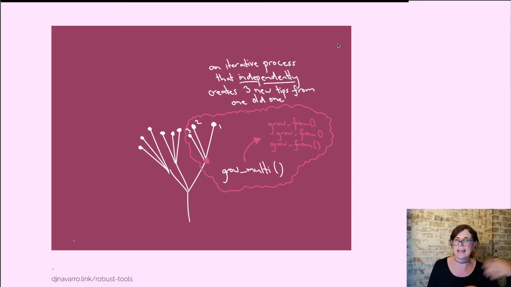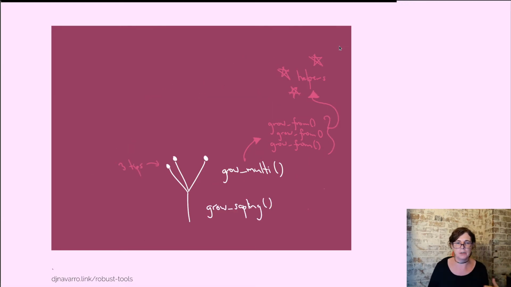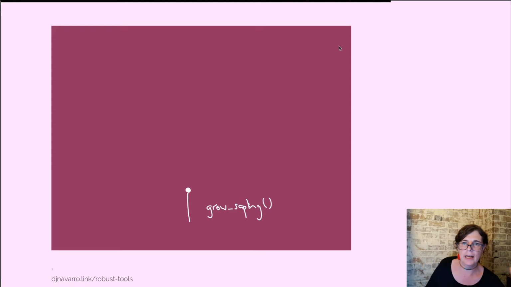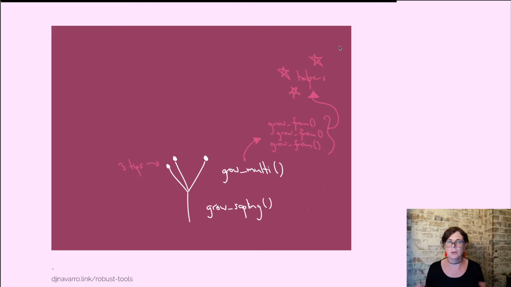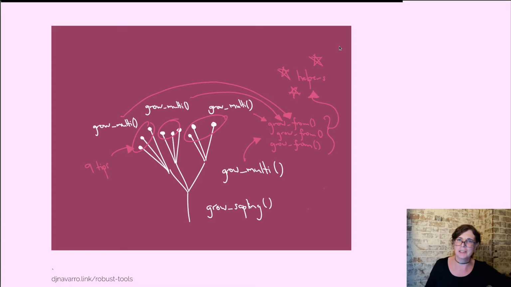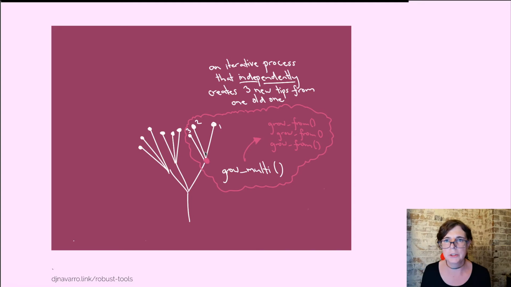We don't actually care anymore about the old tips, because as our tree grows, I have the thing that's come from that first tip, and then I don't need it anymore. That part of the tree has already grown. I'm only interested in passing forward the next tips and the next tips. So the grow multi loop, or the map that's being constructed here, can throw away the input once it's done. We don't care about it again.